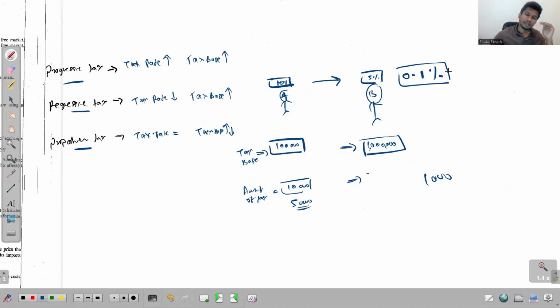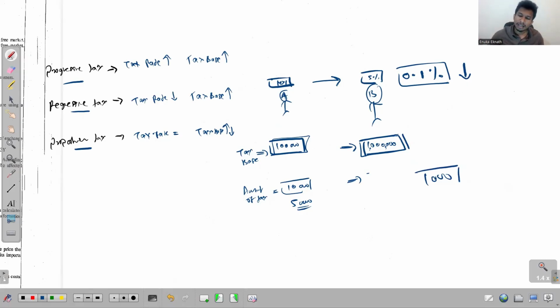What is it? The tax rate when the tax base increases. See, the tax base is 100,000, but in the second case the tax base is 1 million. So when the tax base increases, what has happened to the tax rate? That has decreased. As a result, this is a proportionate tax.